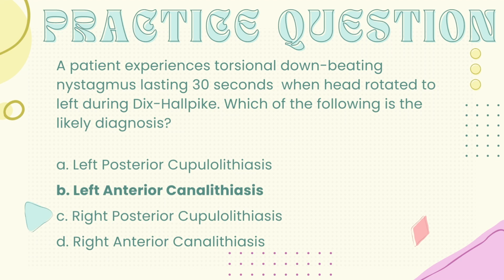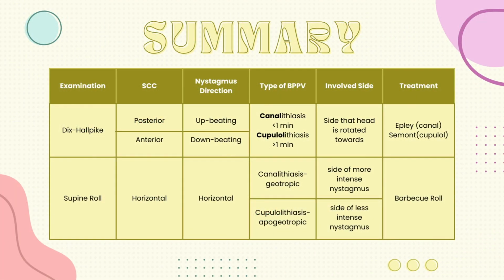I hope you did great. If not, rewatch the video and hit home those topics. So here's the summary of what we talked about today: the two different exam items, Dix-Hallpike and supine roll, and then highlighting which semicircular canal it is, posterior, anterior, or horizontal, what nystagmus direction they will have, what the type of BPPV is, canalithiasis or cupulolithiasis, and then what the side of involvement is.